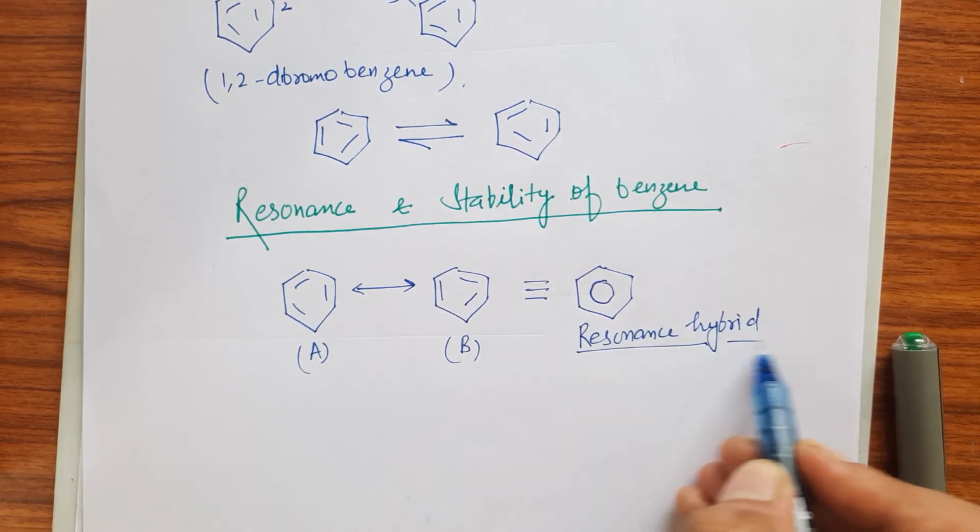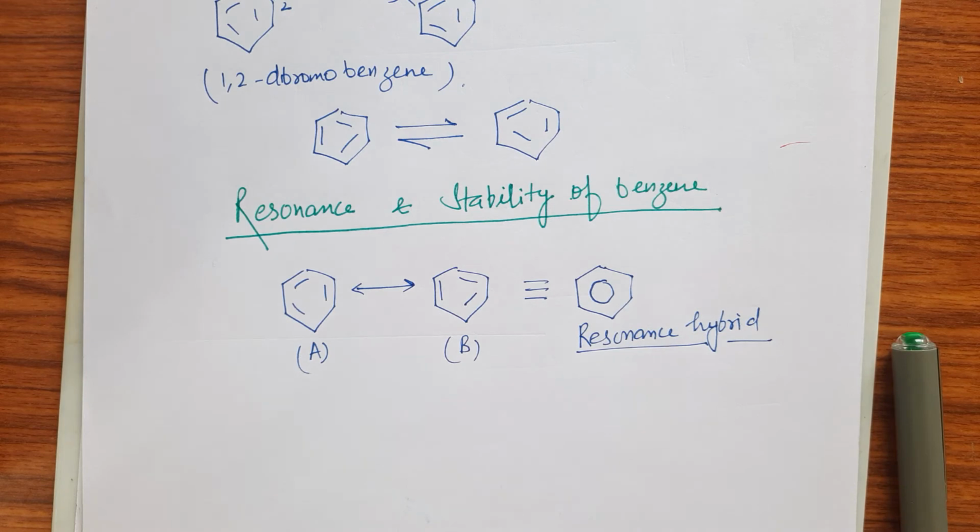This circle in the benzene shows that electrons can oscillate from one position to another, and can move throughout the circle, throughout the cycle which is present in benzene, right?